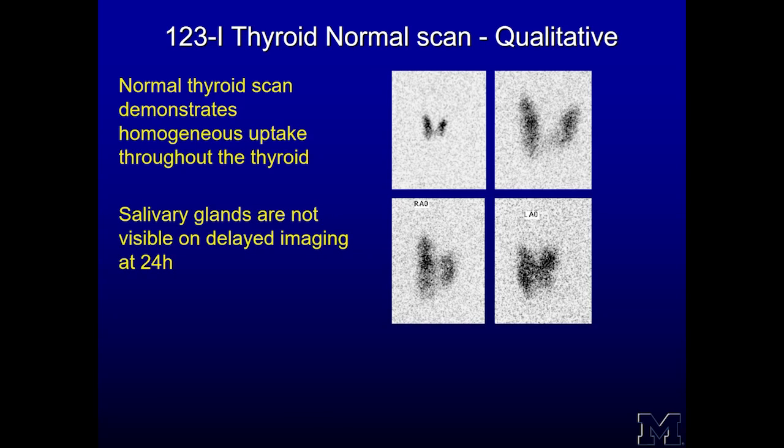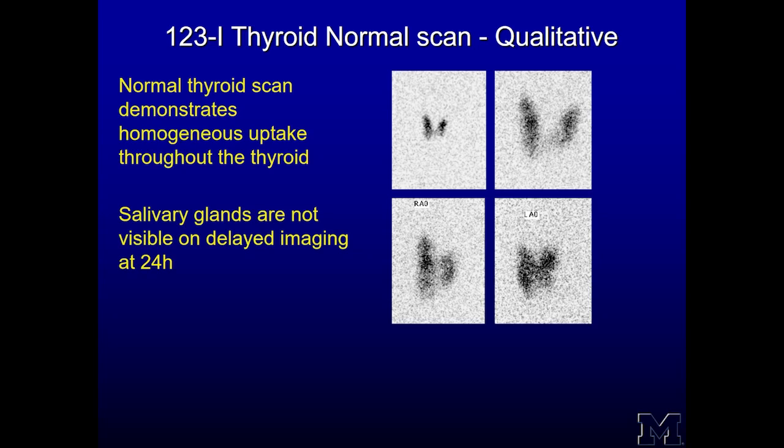This is a normal thyroid scan performed with iodine-123. Again, we can see homogeneous uptake of iodine-123 throughout the thyroid gland. And as we see in this image, the difference compared to technetium pertechnetate is that the iodine-123 scan image has a granular quality due to the fact that the amount of activity administered for obtaining this scan is much less.